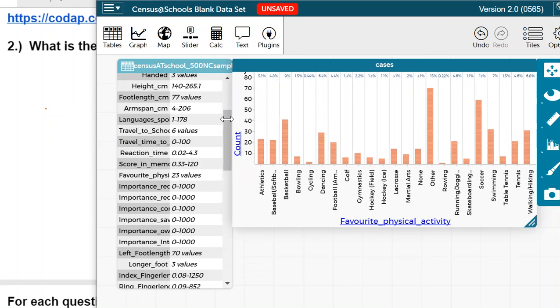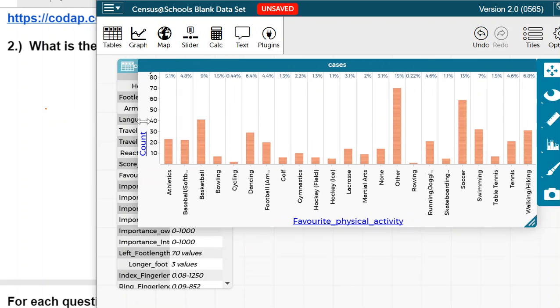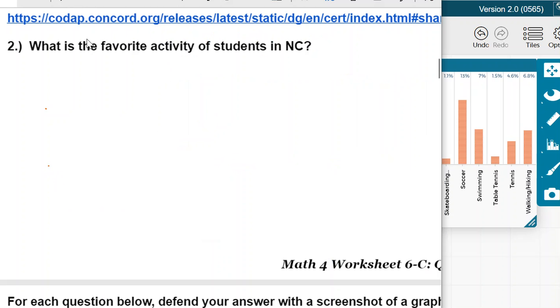Maybe if I stretch it this way. Yeah, it makes it a little easier to read. And again, you need to do a screenshot of this into your worksheet. But we're noticing that other is 15 and soccer is 13, and everybody else is well below 10. And so we're going to make note of that.